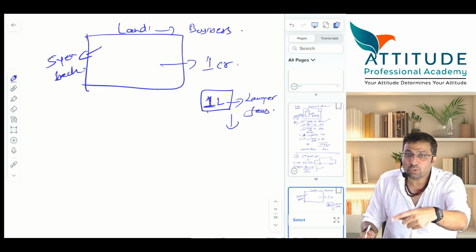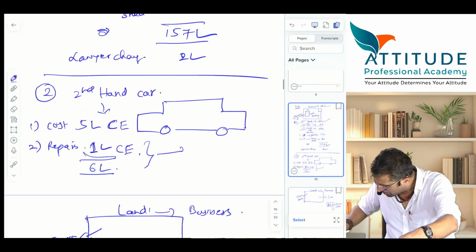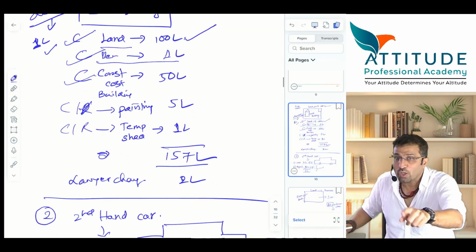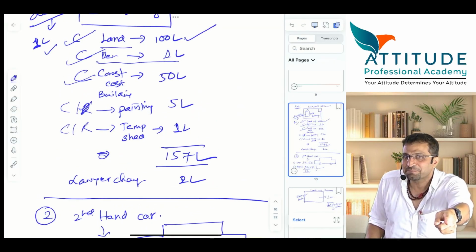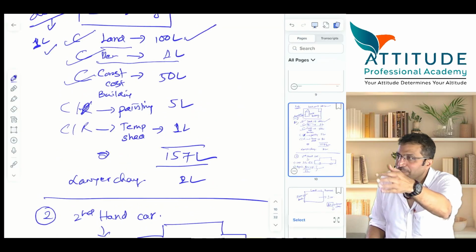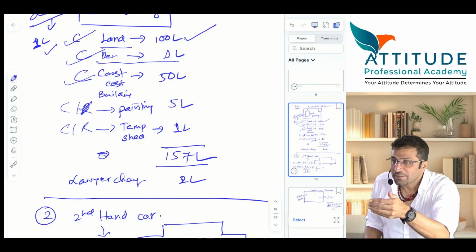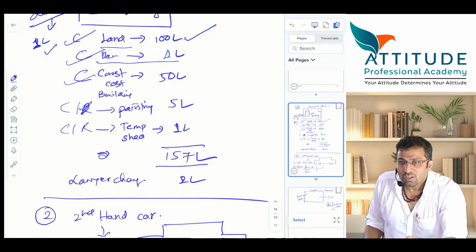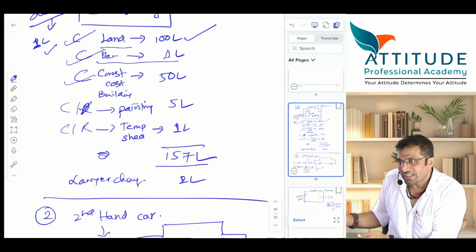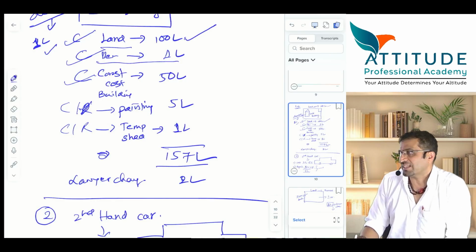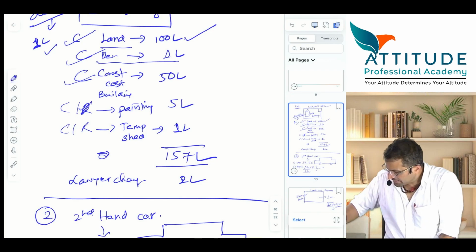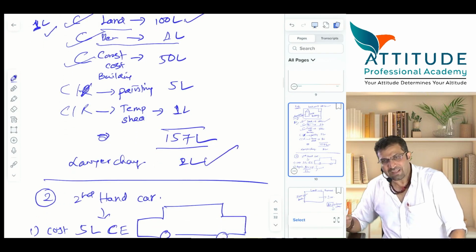But 1 lakh paid to the lawyer, that in the previous example it was how much? 2 lakhs. 2 lakhs paid to the lawyer before I purchase the land to see whether the papers are proper or not. That is for getting a new asset, not defending a title. To purchase that new asset, I have paid 2 lakhs. So in the previous example, lawyer charges were capital expenditure.